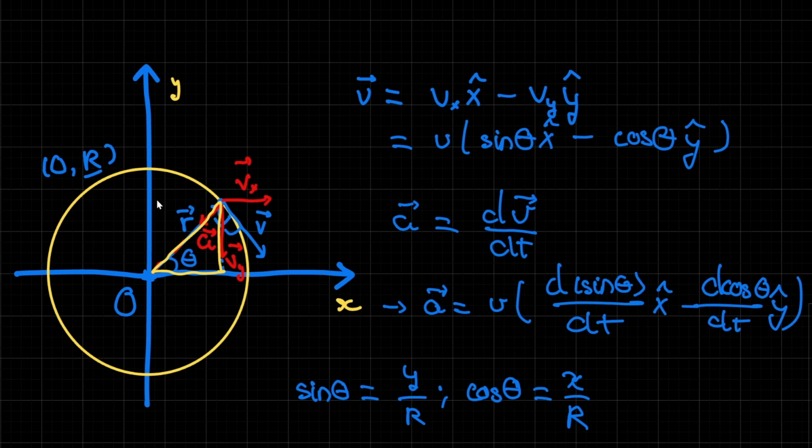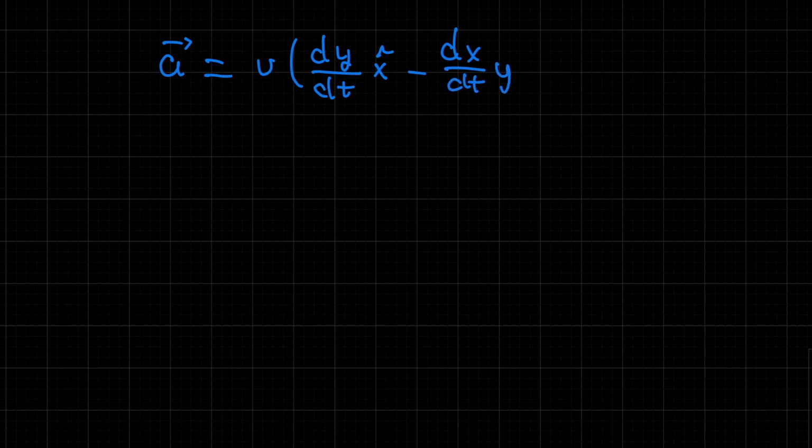So this y is y, and that leads us to a equals v over r times dy over dt x hat minus dx over dt y hat.